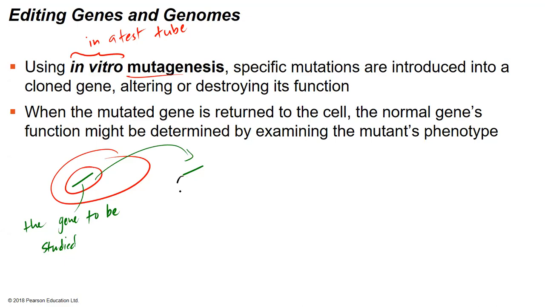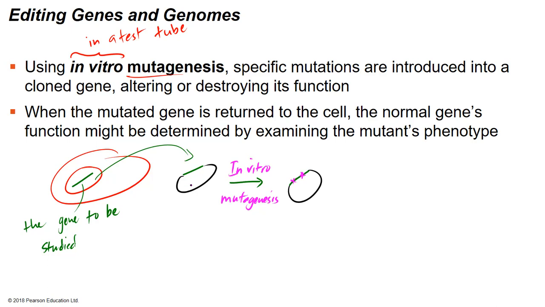We could clone it into a plasmid, and then we could introduce mutations into this plasmid, into this gene. So we could do here in vitro mutagenesis. So this is one application. This is one use for cloning, to help with in vitro mutagenesis.